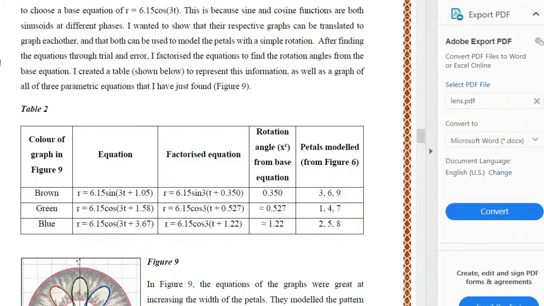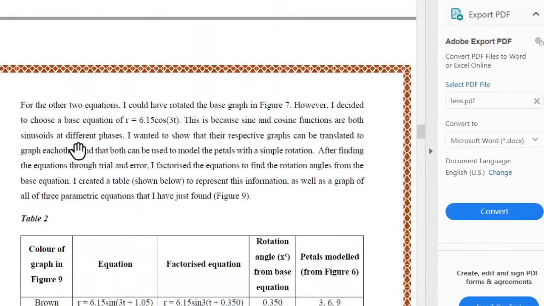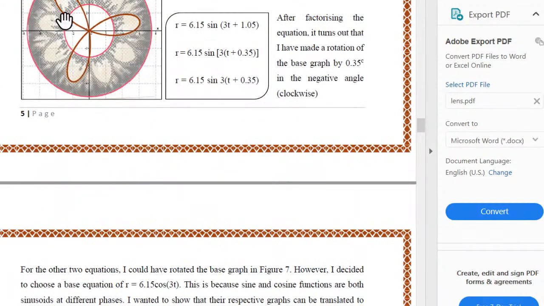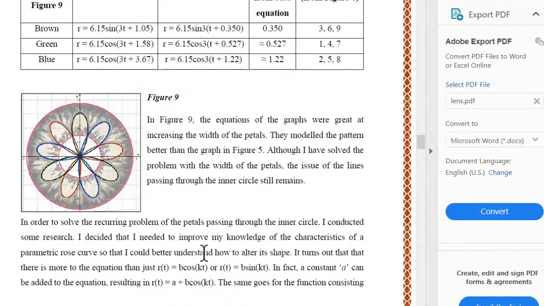Simple rotation after finding equations through trial and error. Factorize the equation. Find, yep, and all together. Right? So I showed one, showed some tables, and then they showed all 3 sets, and they used different colors, so this is good communication. Okay.